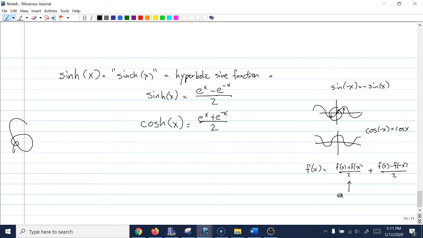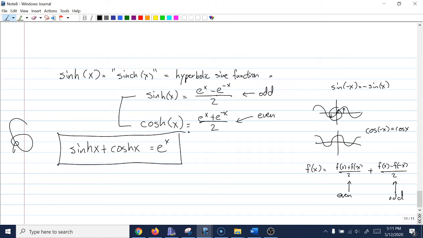This is always going to be an even function. This is always going to be an odd function. Sinh and cosh, this is an odd function. Sinh of negative x is negative sinh x. Cosh is an even function. These are the even and odd functions with the property that when you add them up, you get e to the x.